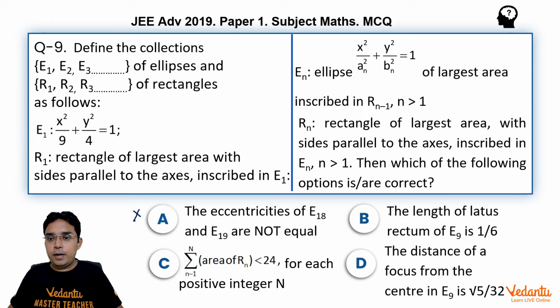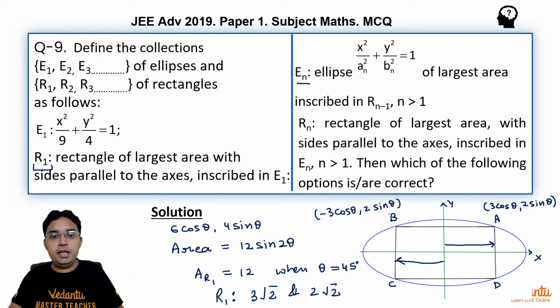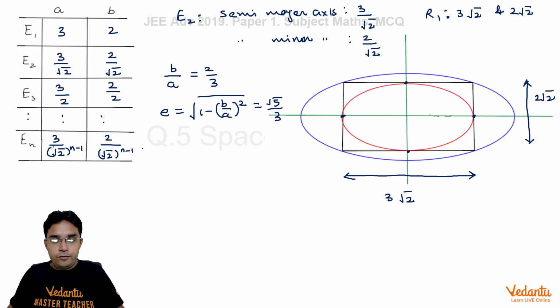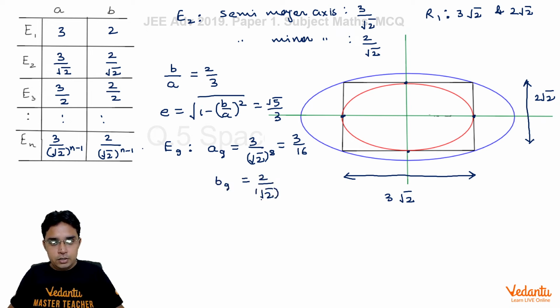Now coming to the B part: length of latus rectum of E9. We have found a relation for En, so for E9 also we can find the semi-major axis. Let me call this A9, and that would be 3 upon root 2 power 8, which solves to 3 upon 16. Similarly B9 will be 2 upon root 2 power 8, so this will be 2 upon 16, that is 1 upon 8.